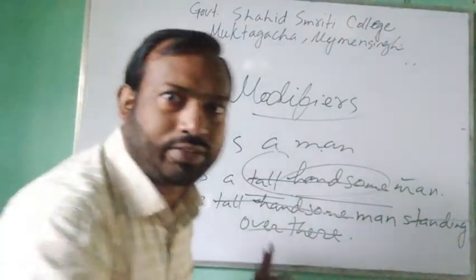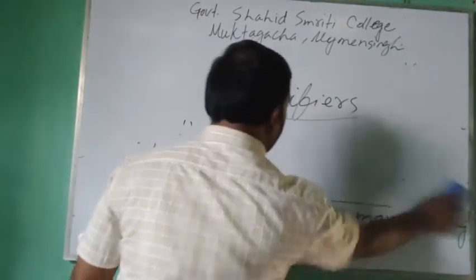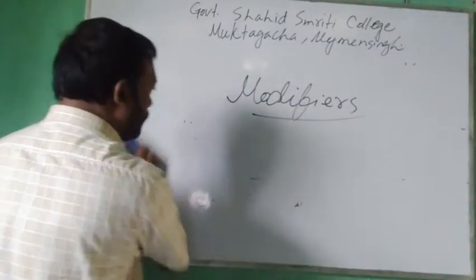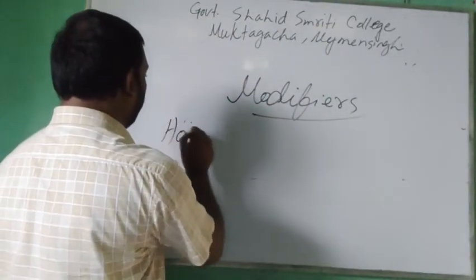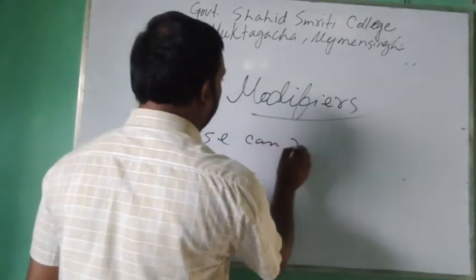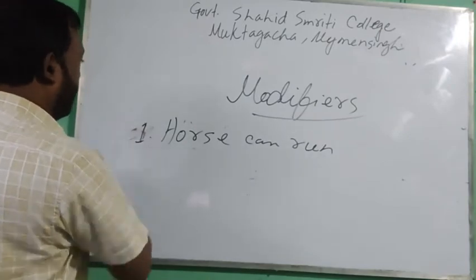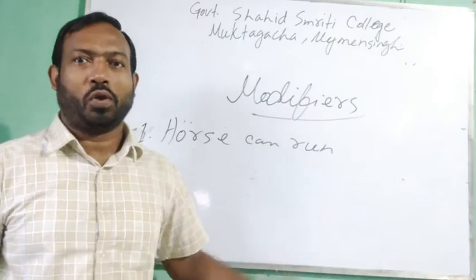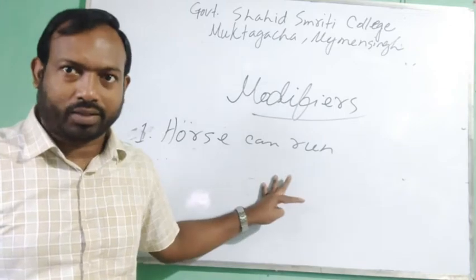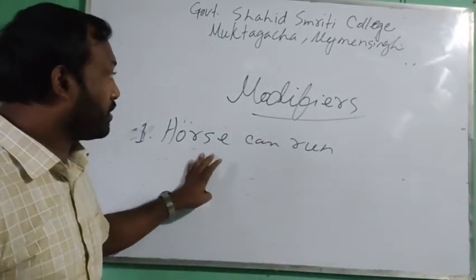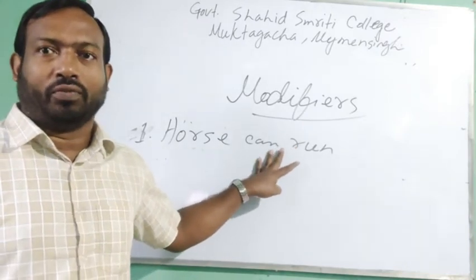Let's give examples on verb, adjective and adverb one by one. Look, horse can run. The sentence is grammatically correct, because it has a subject and verb and it gives full information.